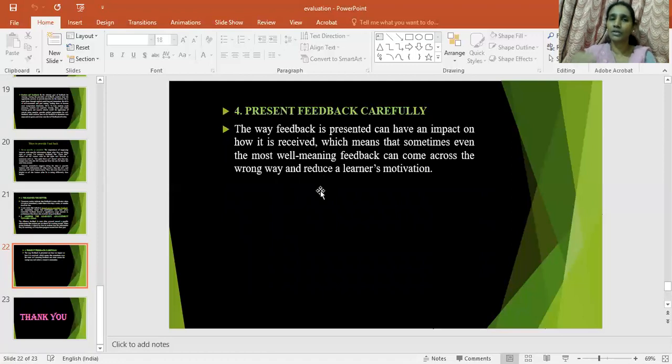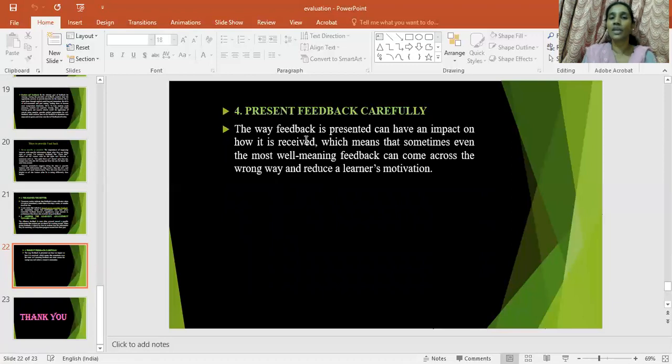So whatever feedback you give from your side, whether positive or negative, you have to motivate the students. You have to motivate the student while giving the feedback, that you have to keep in your mind.